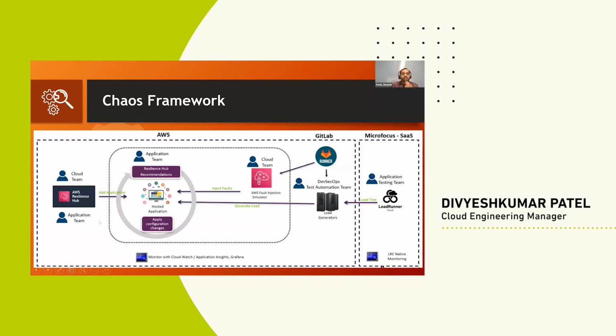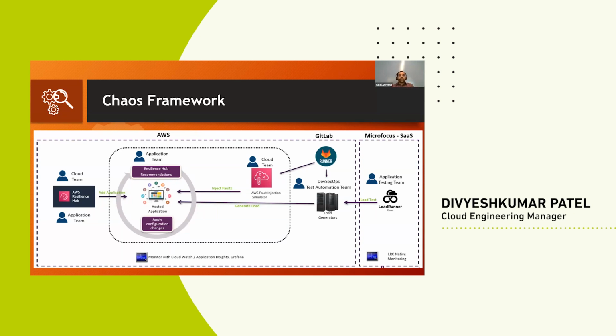AWS Resiliency Hub is a Well-Architected service. In AWS Resiliency Hub, you add your AWS-hosted application. It will scan your application and recommend some changes. Those changes are likely configuration changes to make your application stable or sustainable.